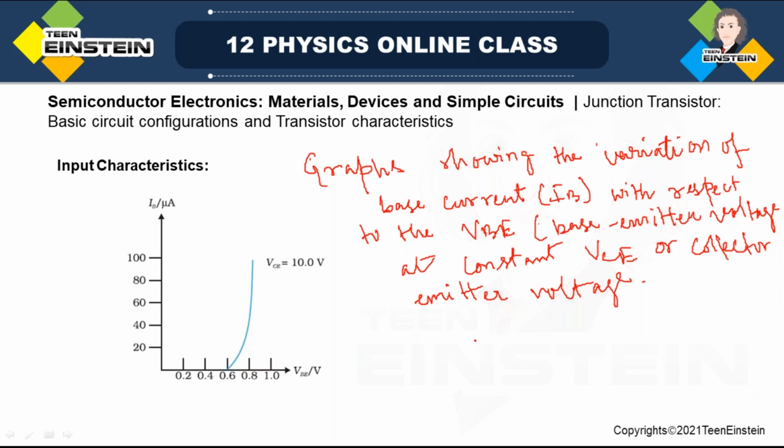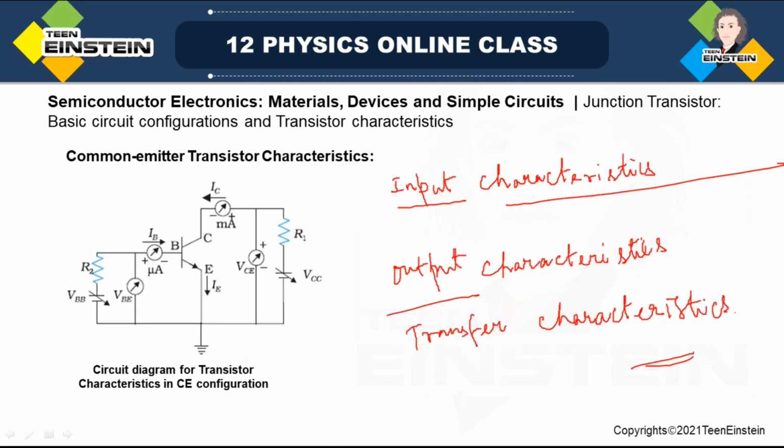Okay, now let me tell you why VCE has to be constant. Look, VCC will be the sum of VCB plus VCE.